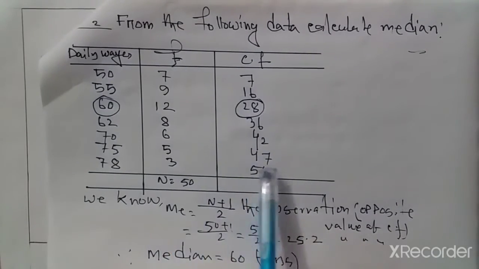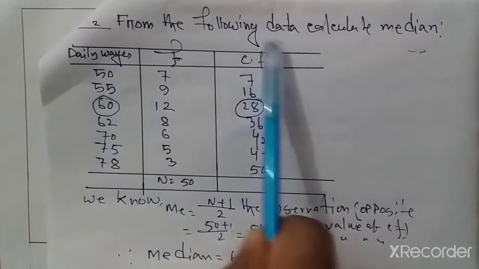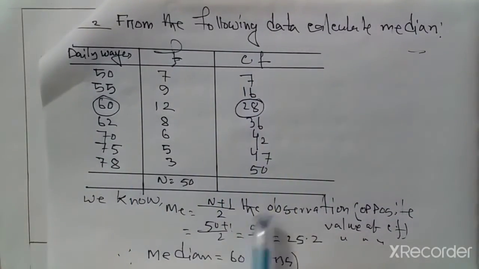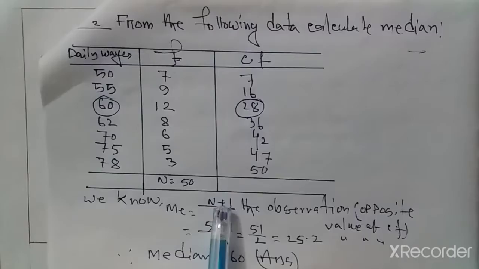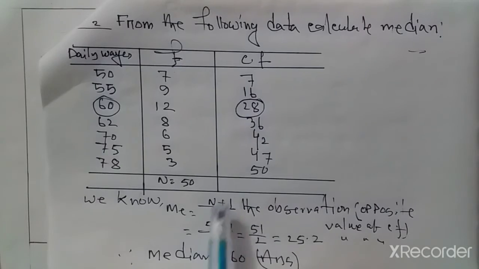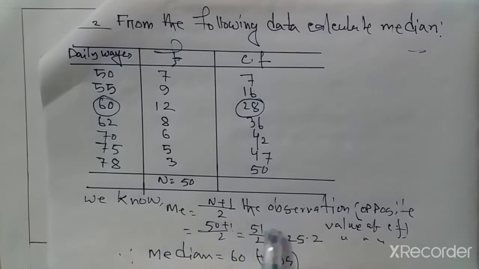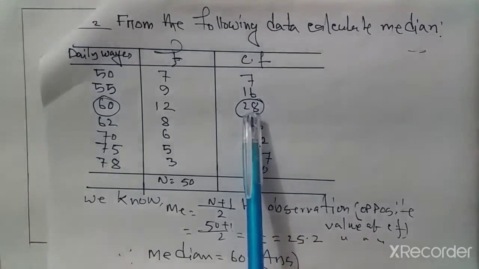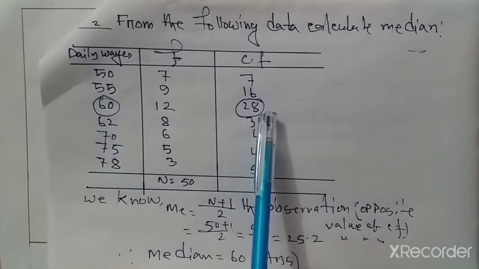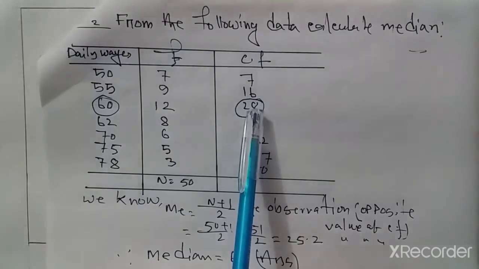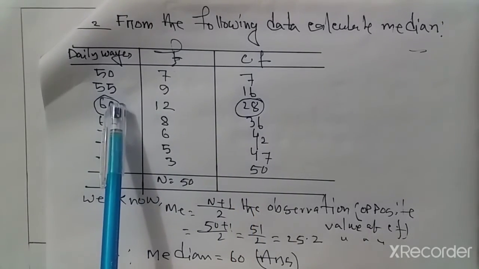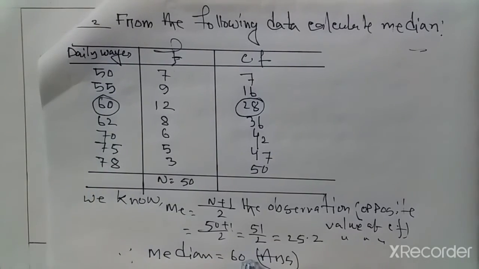This 50 and the total 50 are equal, that means the CF is correct. Then we write the formula. We know median is (n plus 1) by 2 the observation. Its alternative name is the opposite value of CF. The n value is 50, 50 plus 1, 51, divided by 2, 25.5. The 25.5th lies in CF 28, and the opposite value is 16. So 16 is the median value.